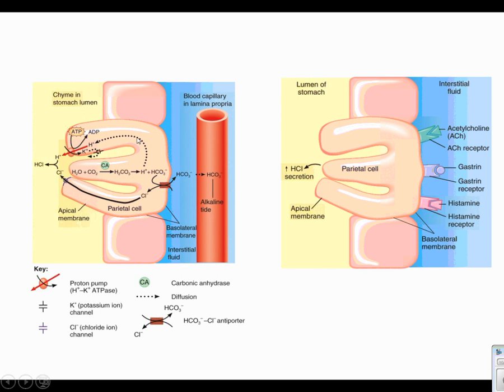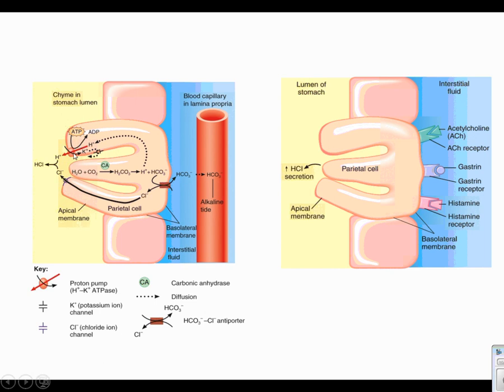Here's the hydrogen ion, and it gets pulled into the lumen of our stomach through an active transport mechanism. And we know active transport requires ATP. As we pump hydrogen ion into the lumen of the stomach, we pull potassium in.